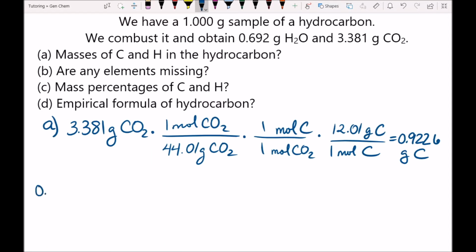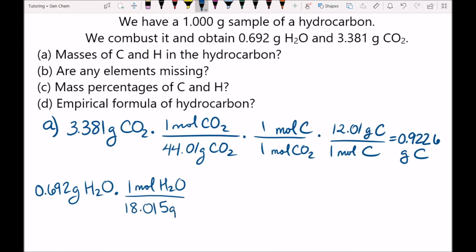Now let's do water and hydrogen. So we have 0.692 grams of water. Let's convert that to moles of water. So 1 mole of water is equal to 18.015 grams of water. And we want to go from moles of water to moles of hydrogen atoms.